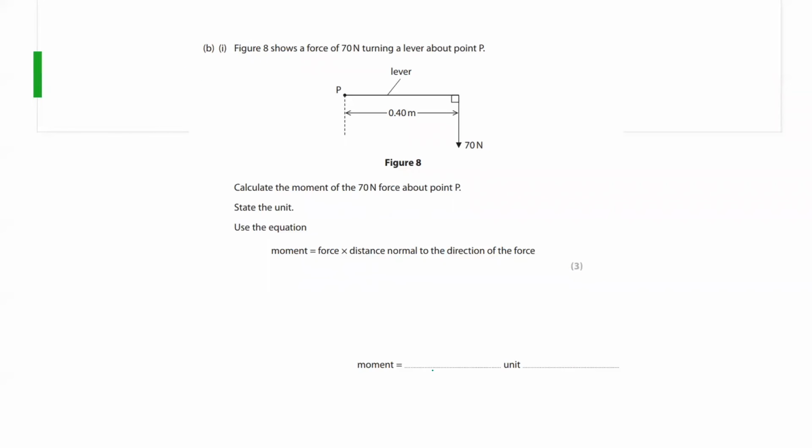Figure 8 shows a force of 70 newtons turning a lever about point P. Calculate the moment of the 70 newton force about point P. State the unit. Use the equation: moment is force times distance normal to the direction of the force. Normal means at right angle. Again, we're just substituting values.